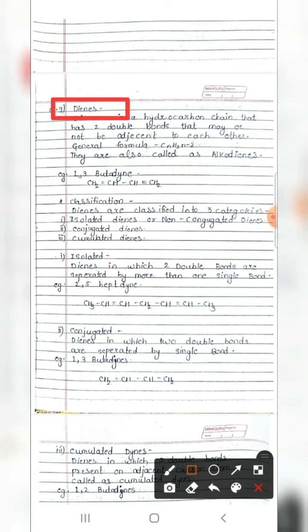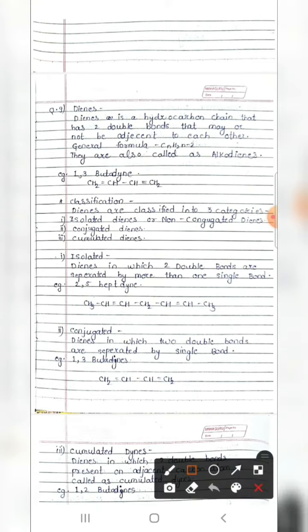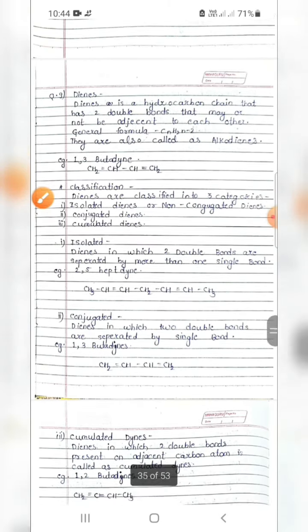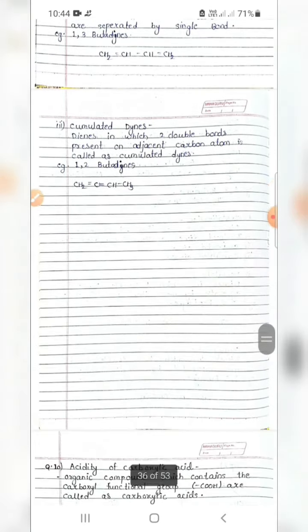You have to define dienes with example and then classification of dienes. So you have to classify dienes. Okay, so they are isolated dienes, that are also known as non-conjugated dienes, second conjugated dienes, and cumulated dienes. These are three classifications of dienes. With example you have to explain it.